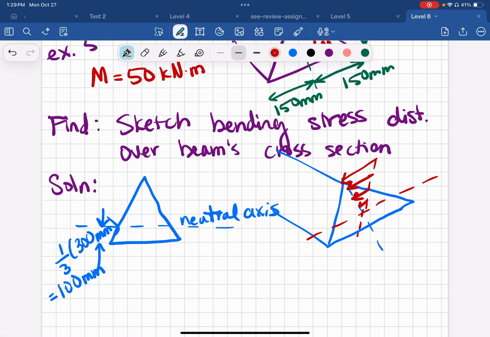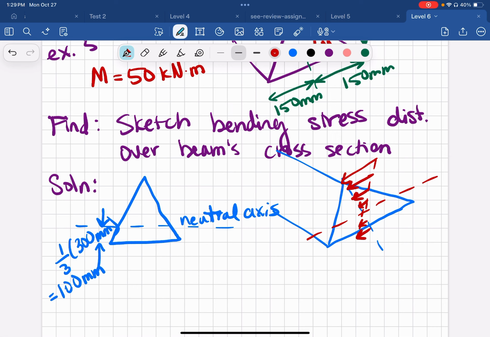That's compressive stress. And then as we get to the other side, it's going to be in tension. So we have compressive stress and then tension.